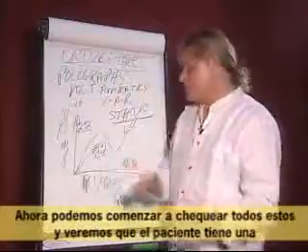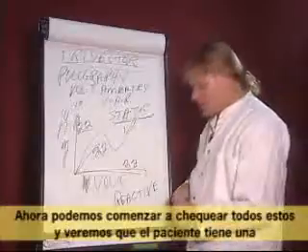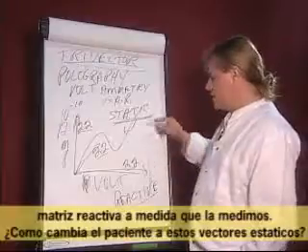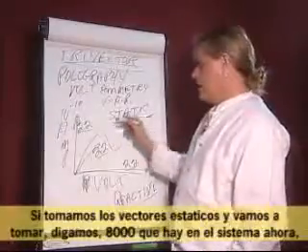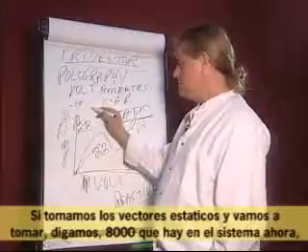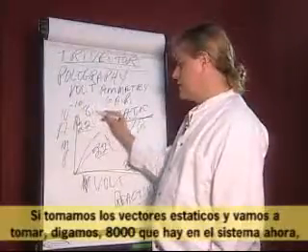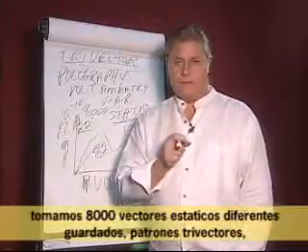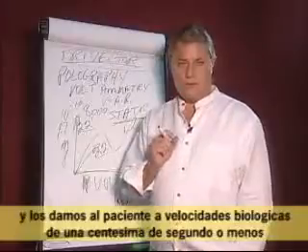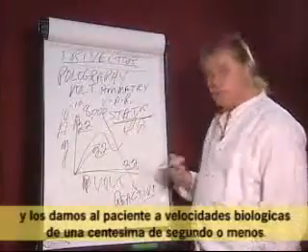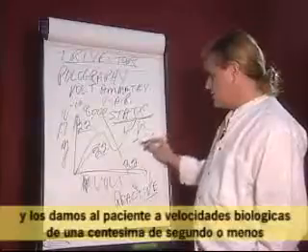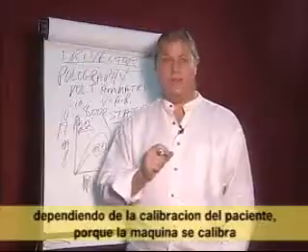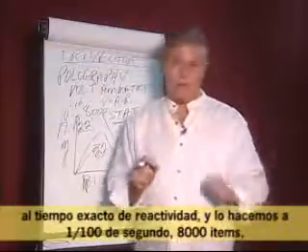So now we can start to check all this. We will see that the patient has a reactive matrix as we measure it. How does the patient change to these static vectors? Let's say we take 8,000 of them, which are in the system now. We take 8,000 different stored static vectors, trivector patterns, and we give them to the patient at biological rates of 1/100th of a second or less, depending on the calibration of the patient, because the machine's calibrated to the perfect reactivity time.